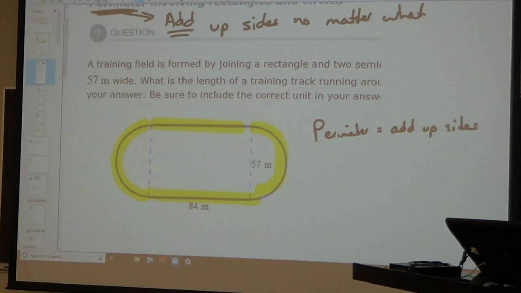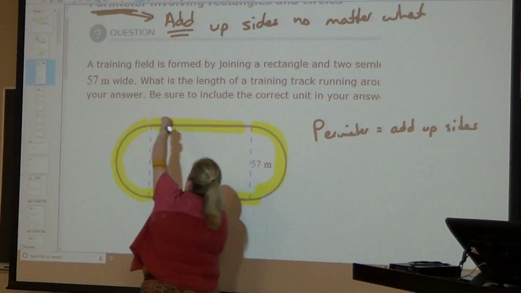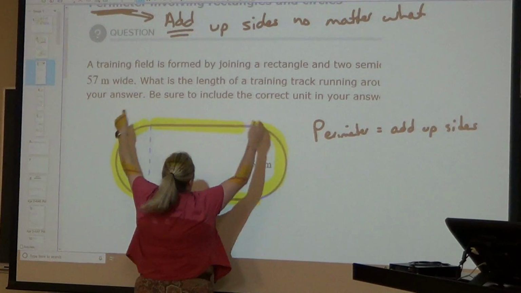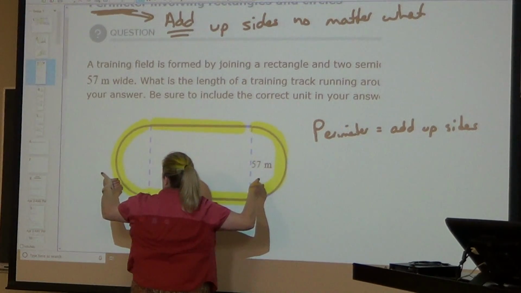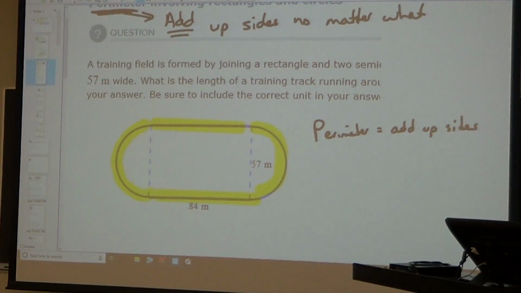So, do you agree that we have 2 flat sides and 2 curved sides? We walk flat sides and we walk curved sides. So, for this problem, doing my perimeter, we walk 2 flat sides plus 2 curved sides.